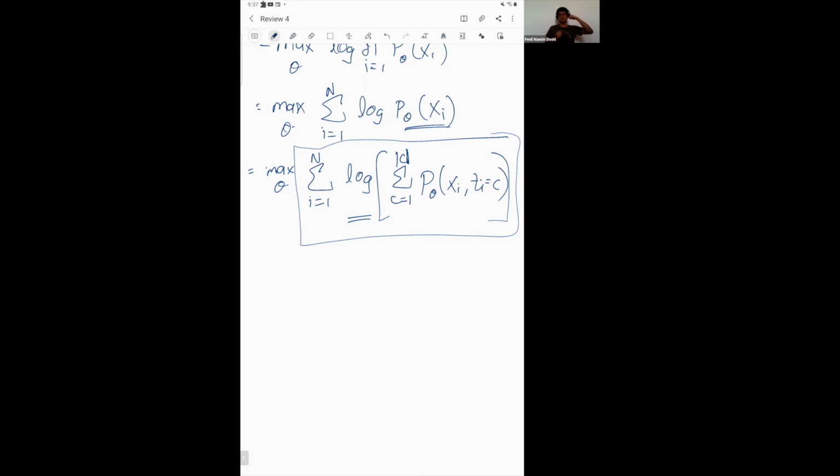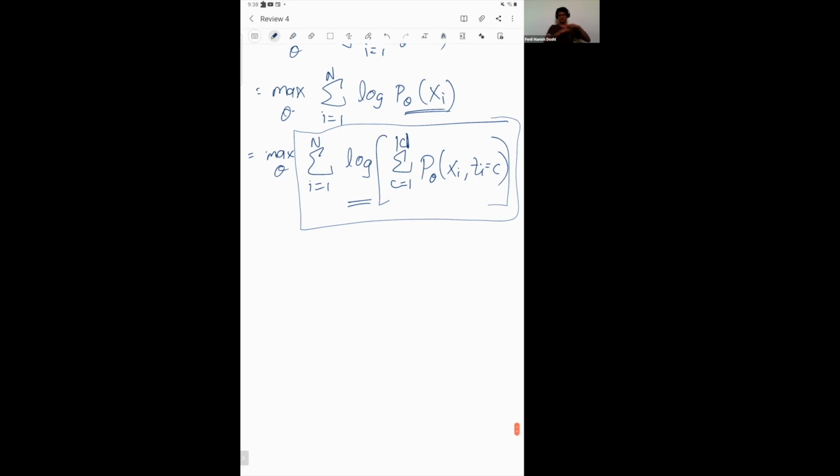If I want to optimize this function, there are two functions, function A and function B, and function B is always a lower bound of my higher function A. If I were minimizing the upper one, pushing it down, since function B is always less than A, it gets pushed down too.